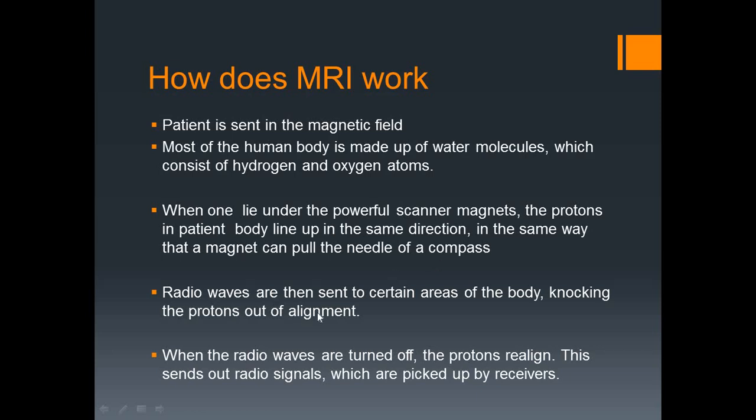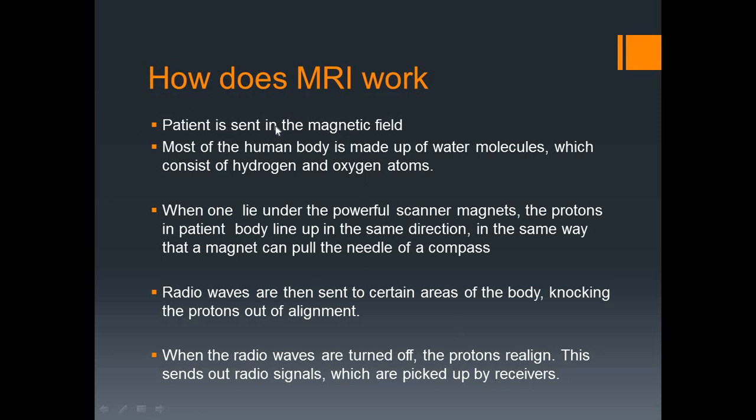Radio waves are then sent to certain areas of the body, knocking the protons out of alignment. When the radio waves are turned off, the protons realign. This sends out radio signals which are picked up by receivers.